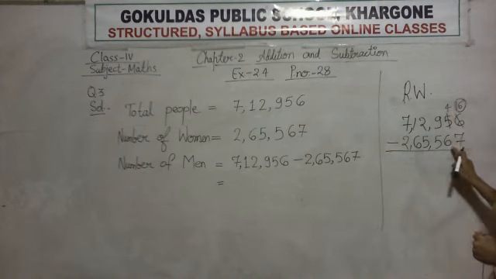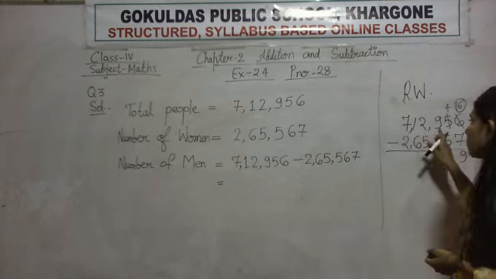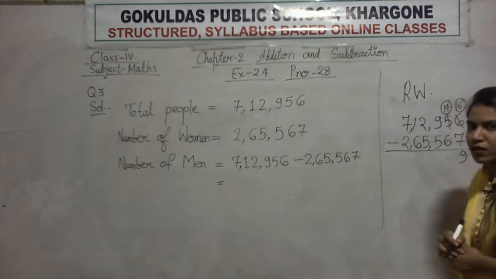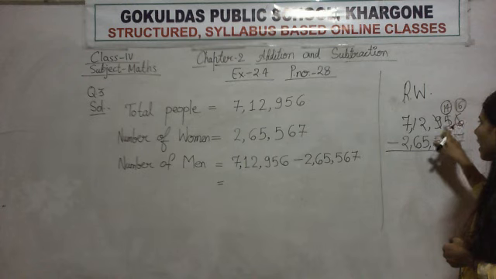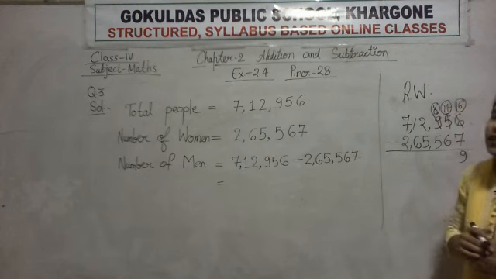Okay. Now come to the tens place. Here is 4 and the second number is 6. You cannot subtract 6 from 4. Then what will you do? You will take a borrow from the neighbor. When you take the borrow, it becomes 14, right? And the 9 has given a borrow to its neighbor, so here only 8 is remaining.